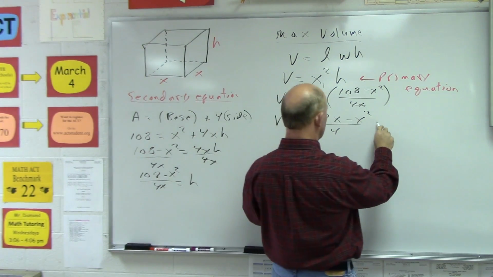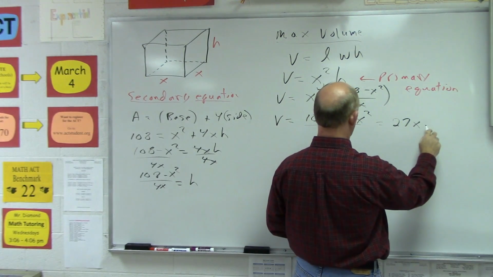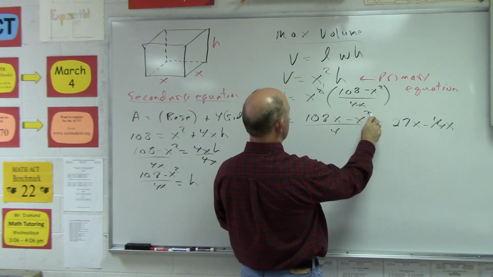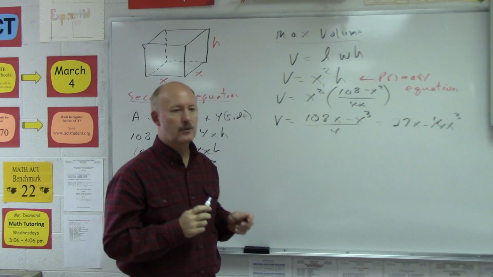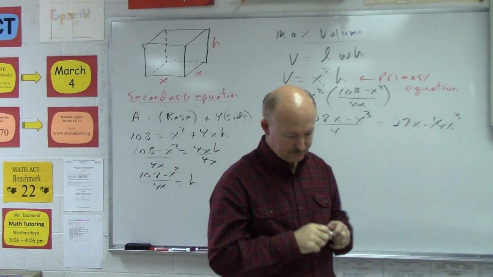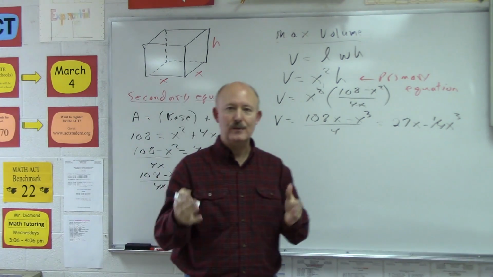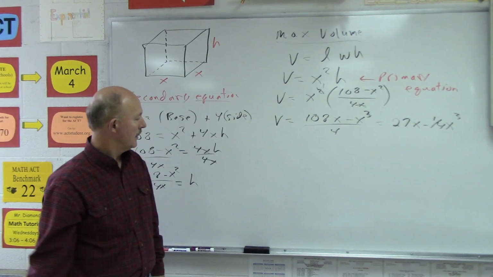And 108 divided by 4 gives you 27, so it'll be 27x minus 1/4 x to the 3rd power. So this is our volume equation now. It's much easier to take the derivative of now that we've eliminated the h variable, so we only have the one variable to worry about.